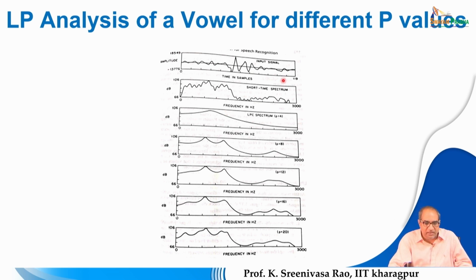And now, in the same way, we will try to analyze what is the impact, what is the effect of the prediction order, or the number of prediction samples, when you are estimating the spectral envelope of a vocal tract filter. In this plot, the top plot is a vowel segment.